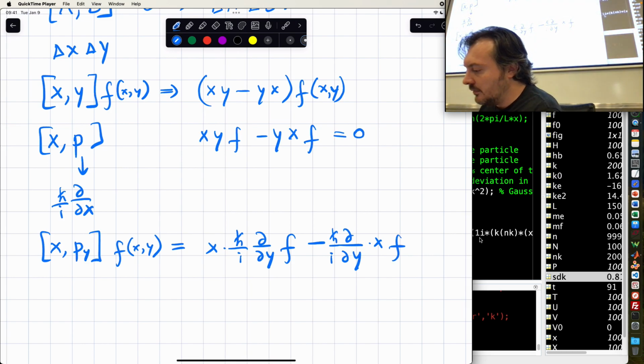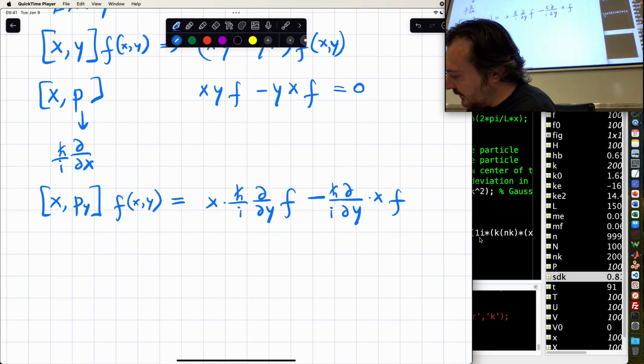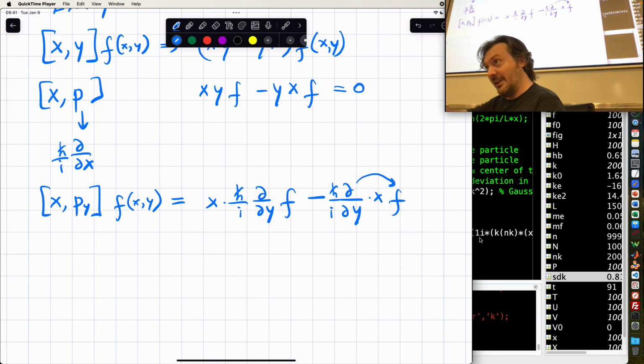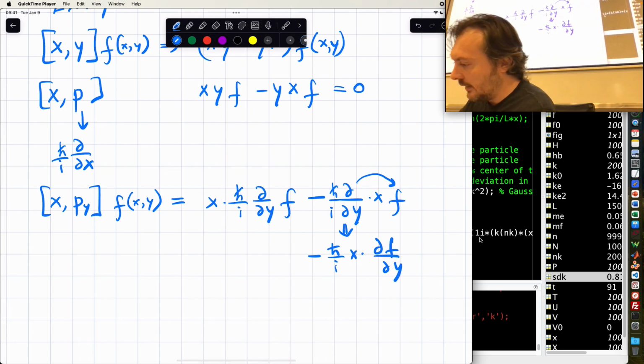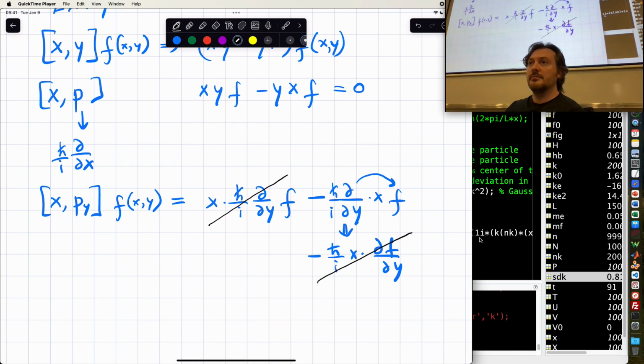You see, this one can actually operate on this one jumping over x, right? It doesn't hit x. So this one will end up being h bar over i x times del f over del y, and they will cancel each other. Does it make sense?